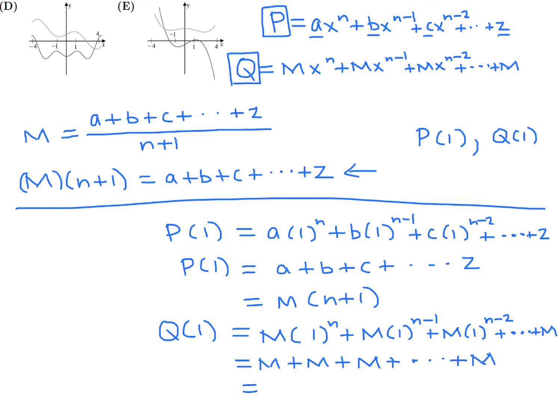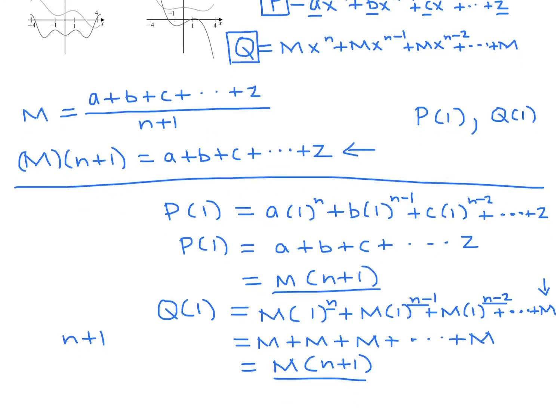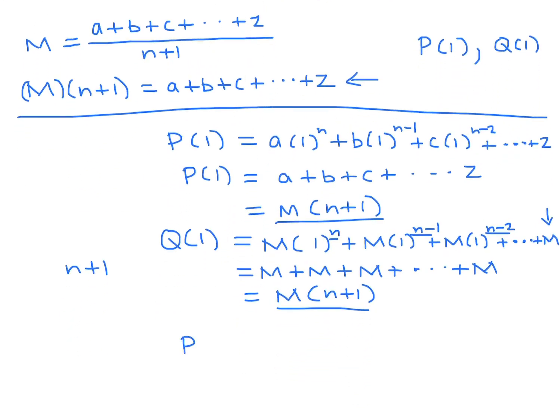There are n plus 1 m's, correct? Because you have n minus 1, n minus 2, all the way down to 1, and then you have one final one. So to get the sum, you would just go m times n plus 1. And do you see something similar? That's the same. So that basically means that p at 1 is the same as q at 1. They're equal.